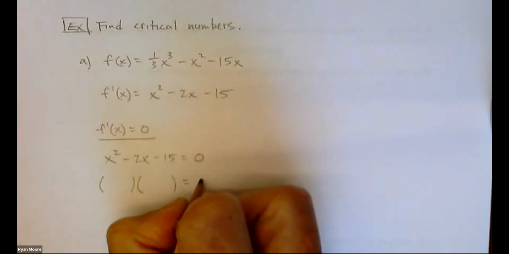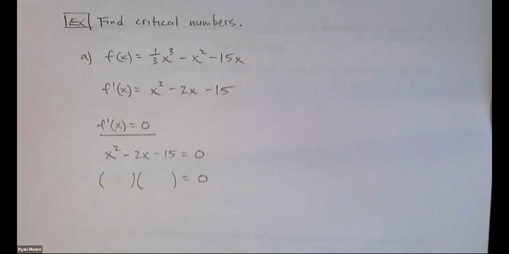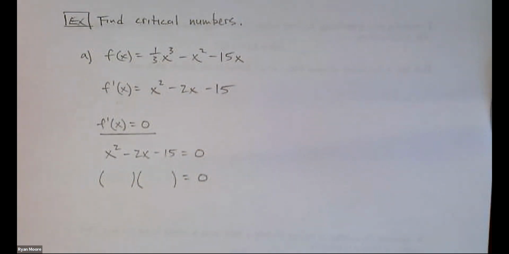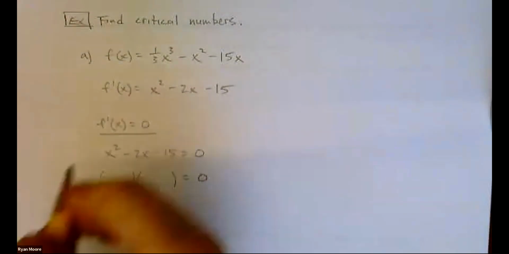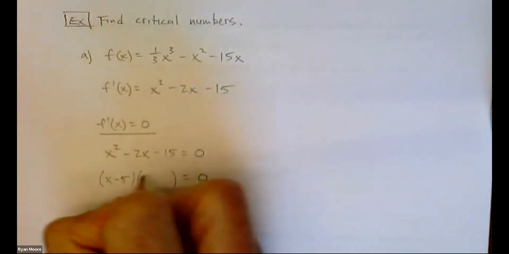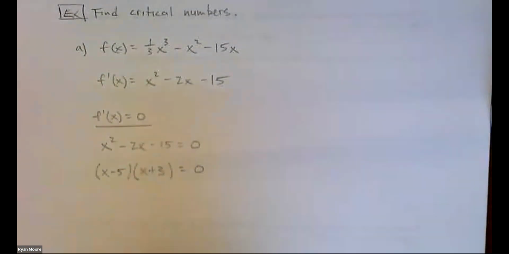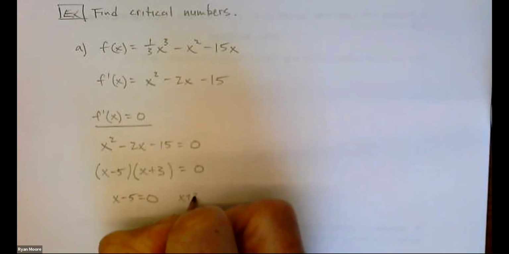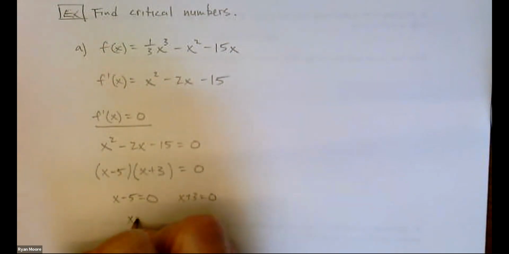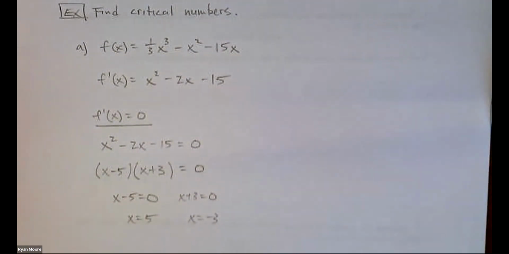If not, we could use the quadratic formula. I think this will factor. x minus 5, x plus 3 would do it. And so we'll have two solutions. x equals 5, x equals negative 3. Those would be two of our critical numbers.